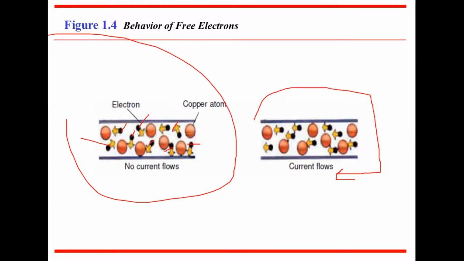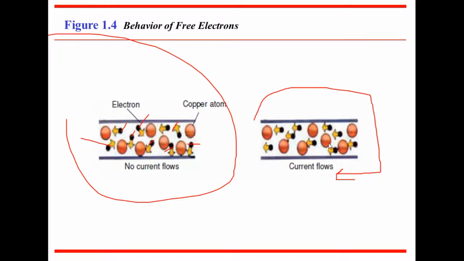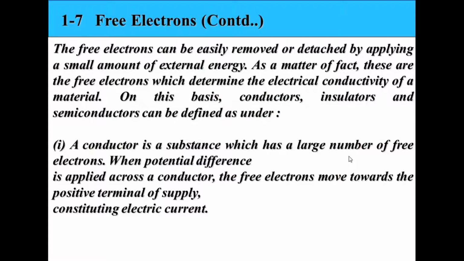You see these electrons here are detached from the atom and moving away from the atom. When no current is applied to the atom, electrons move randomly within the material. But when electrical energy is applied, the electrons move away, leaving the atom, which makes the material conduct electricity.